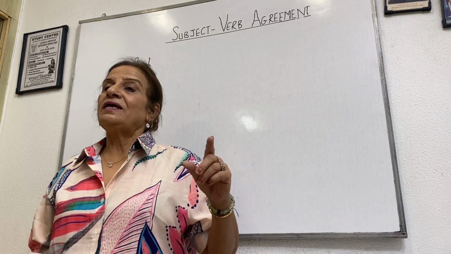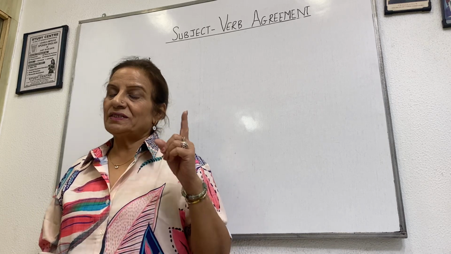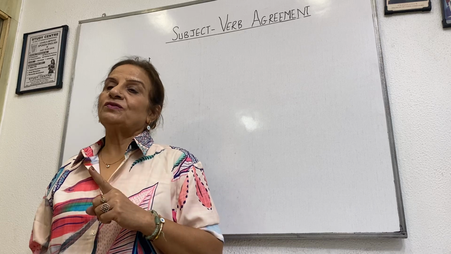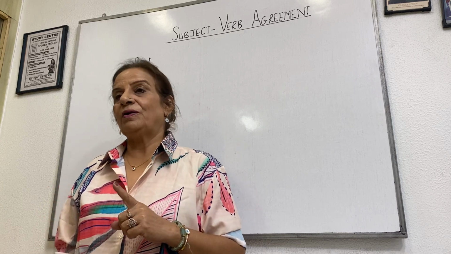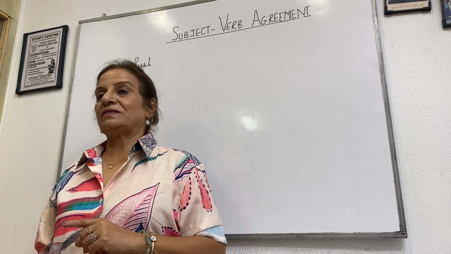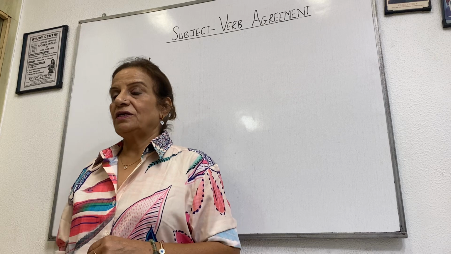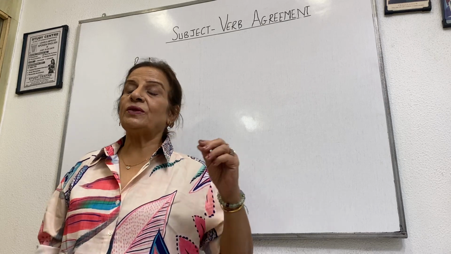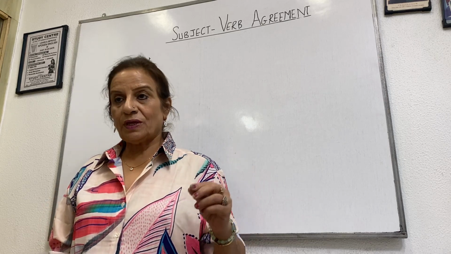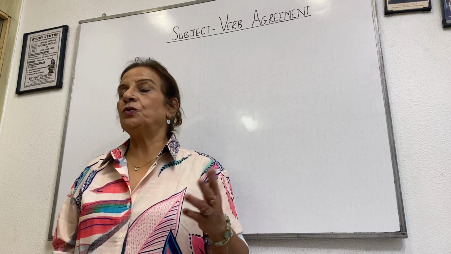Can I say he are late? He is singular, so we have to use the singular verb is. He is late. He was late. But we can't say he are late or he were late. So is agrees with the subject he. This is simple. We all know I am, he is, you are.